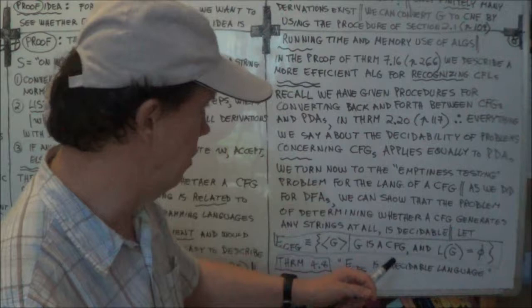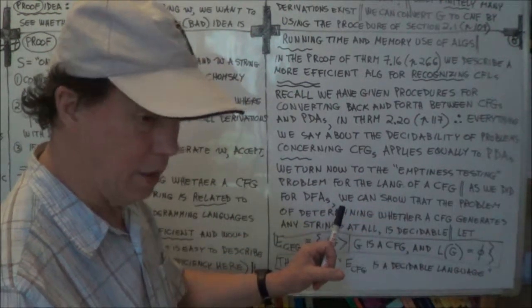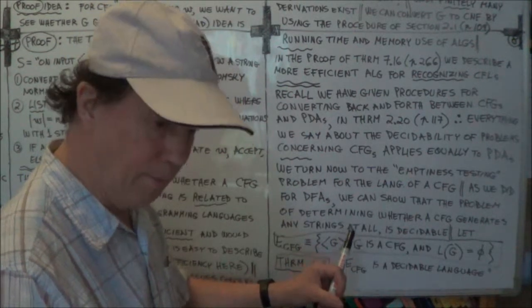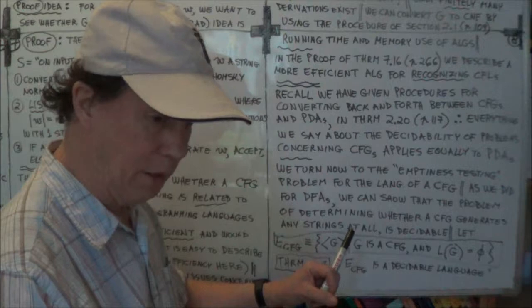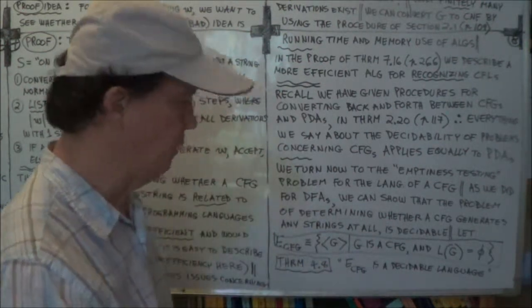In this case, it would be: is there an algorithm that can decide yes or no whether a particular grammar generates no strings?